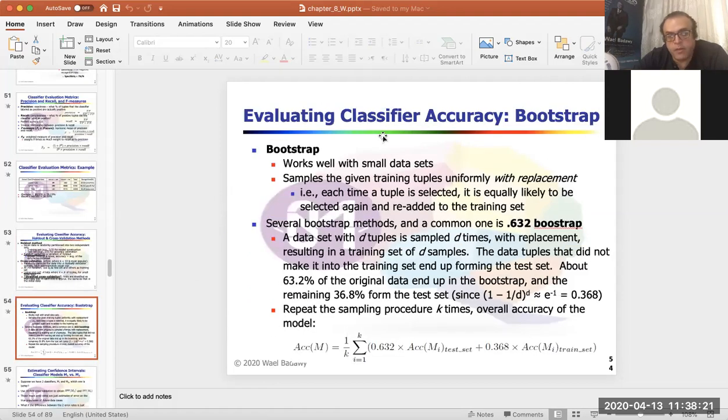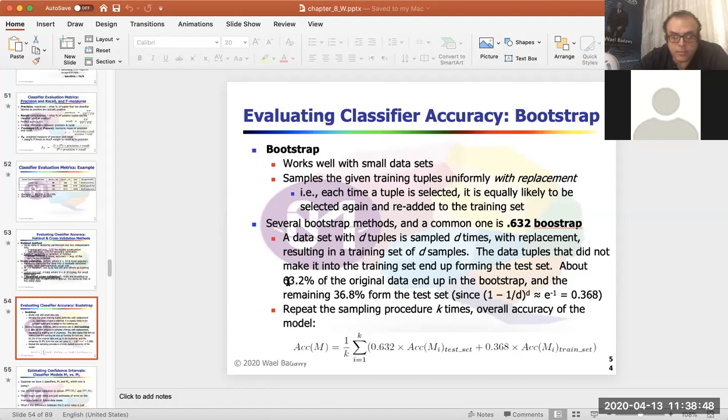And then there is the evaluation of the classifier using bootstrap. The bootstrap is good because it works with all data sets. Several bootstrapping techniques exist. Here is a quick example. A data set of d tuples is sampled d times with replacement, resulting in a training set of d samples. The tuples that did not make it into the training set end up forming the test set.